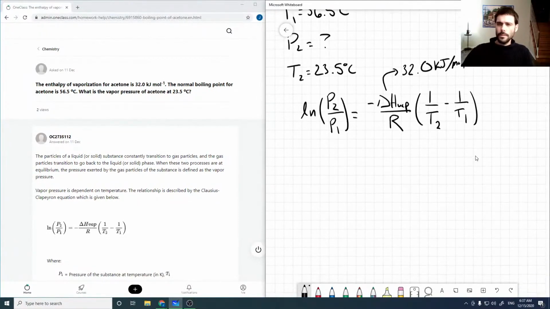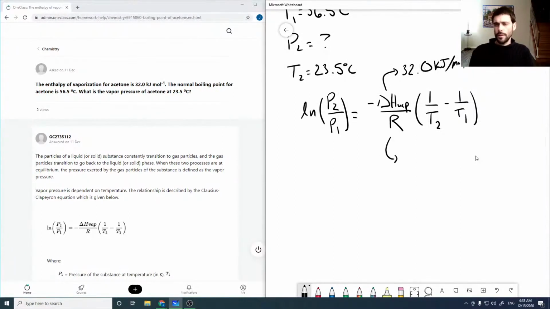Okay, so the R, or the gas constant that we're going to use for this, is just 8.314 joules per mole Kelvin.